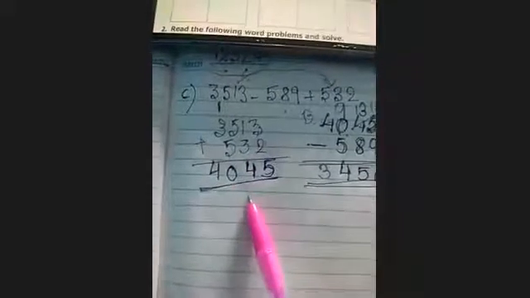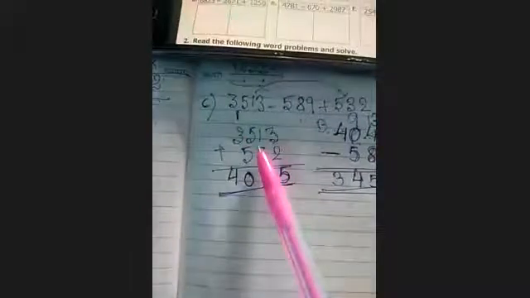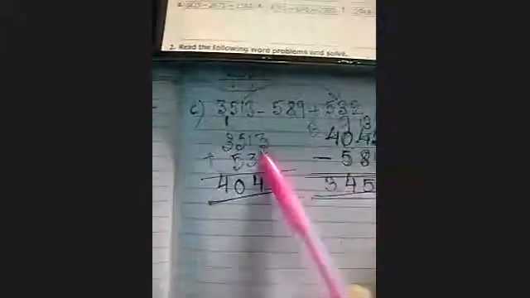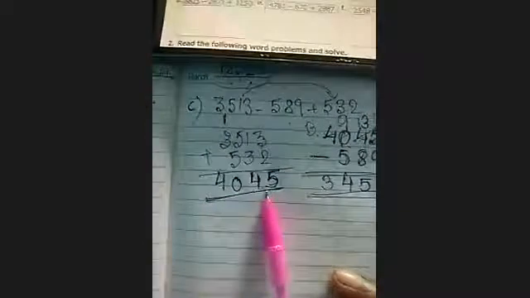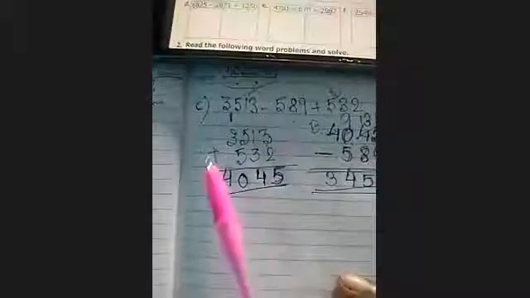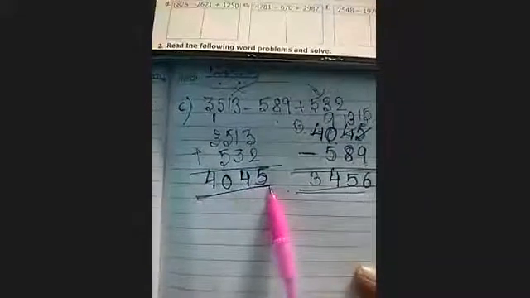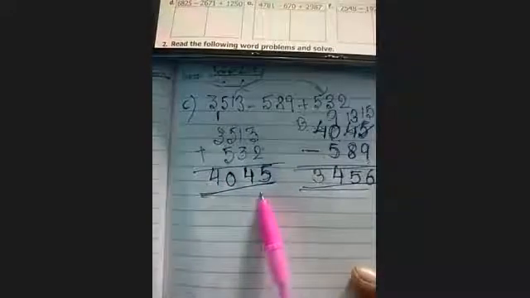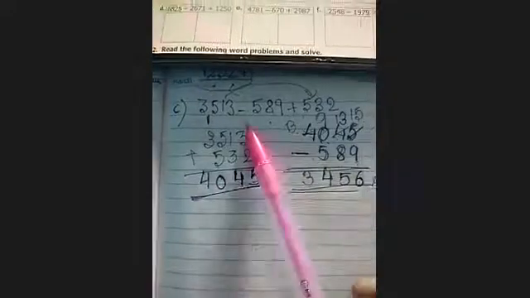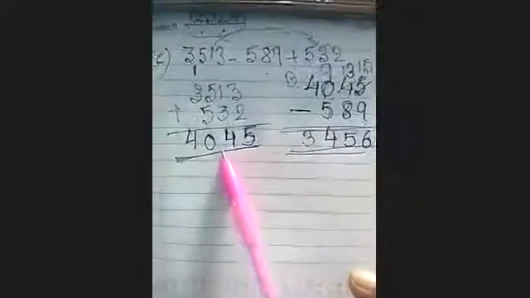That is why we have done addition first. After adding the two numbers 3513 and 532, we have got the answer 4045.